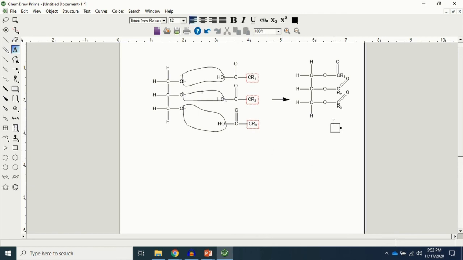So this is our oil, and of course we're releasing over here 3 water molecules. So this is when fatty acids mix with glycerol to form what is called an oil and water.